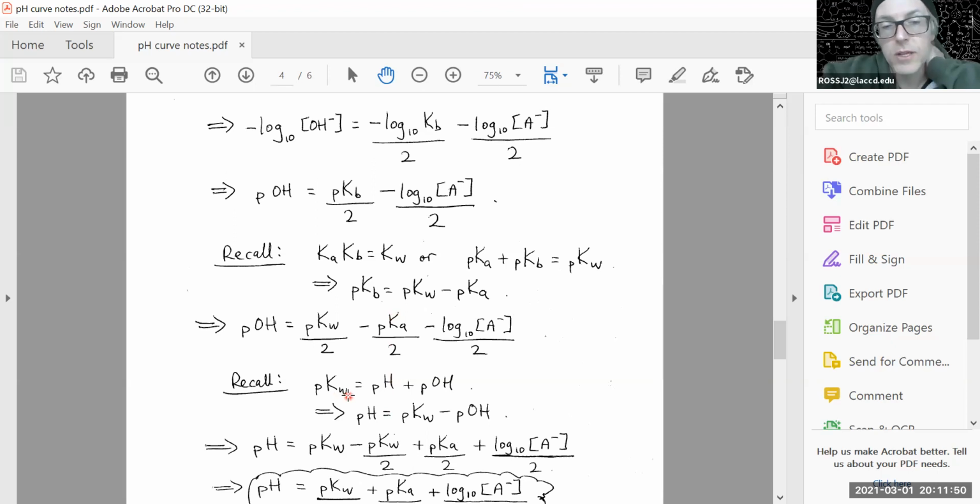And then we're going to further sub in. Recall from our initial work up here that we said that pKw is the sum of pH and pOH.